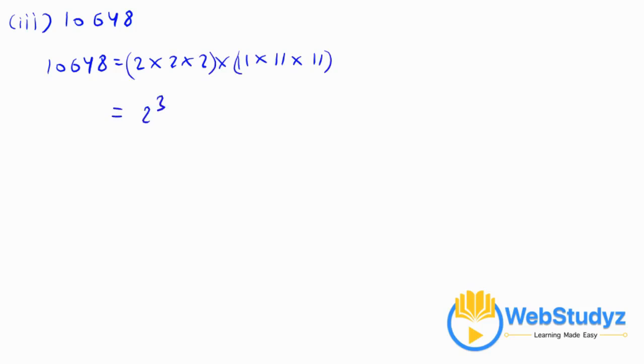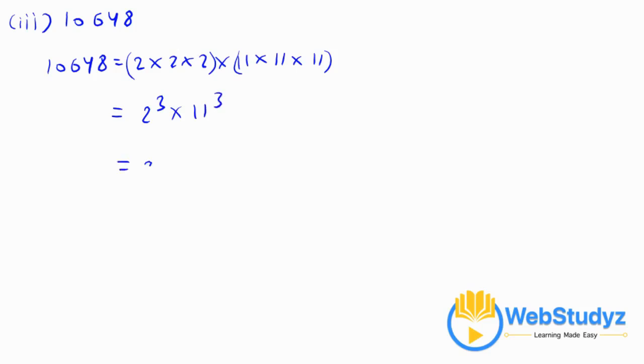Now move on to the third one, which is 10648. So the factors of 10648 are 2 into 2 into 2 into 11 into 11 into 11. That means we have two triplets. One is of 2 and another is of 11.